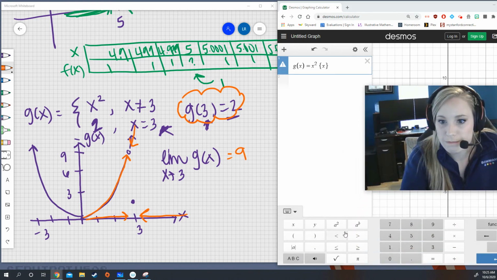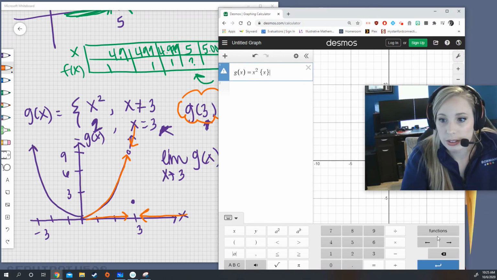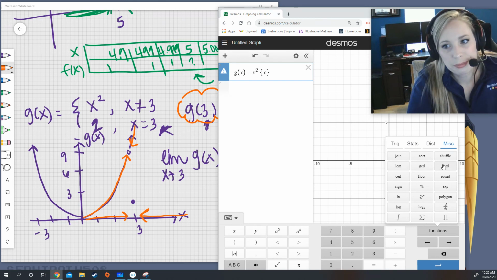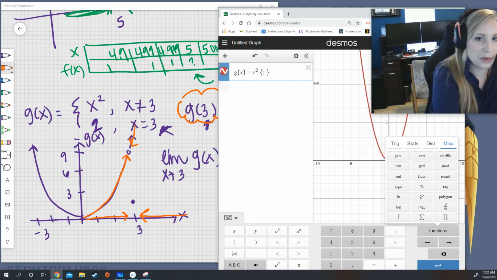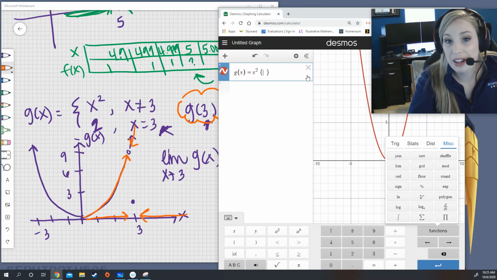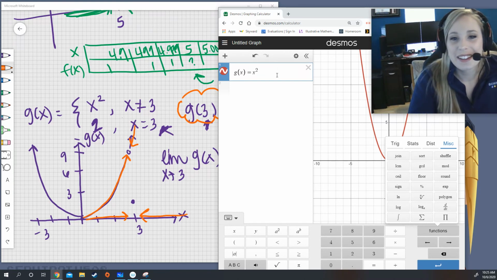Move my picture. Okay, I don't know how to say x does not equal. So we're going to have to know that x can't equal that.